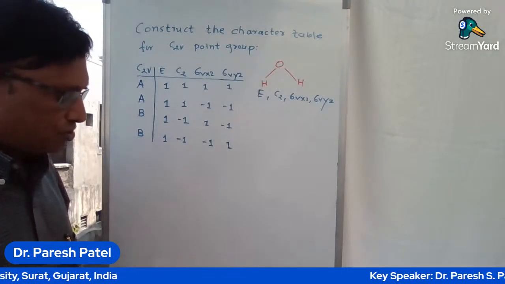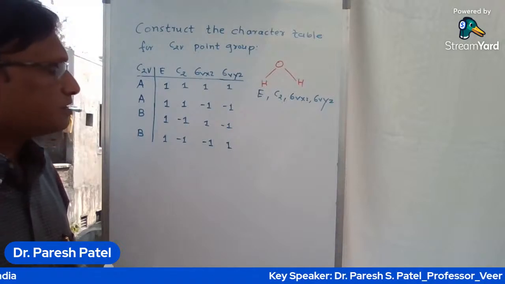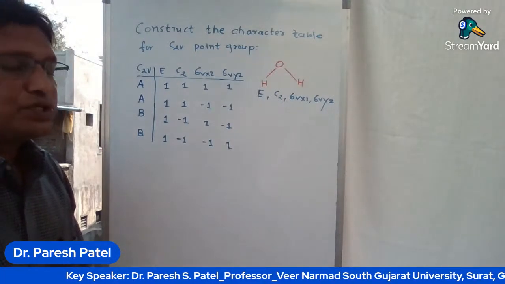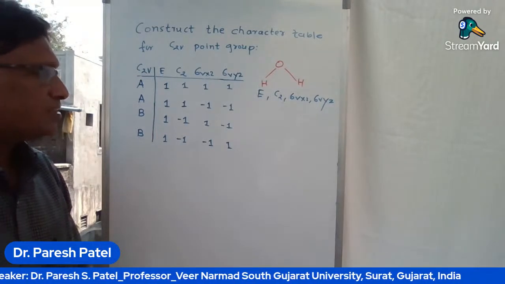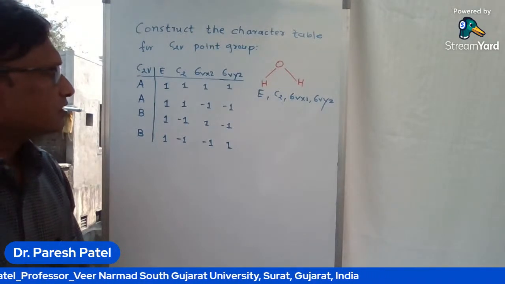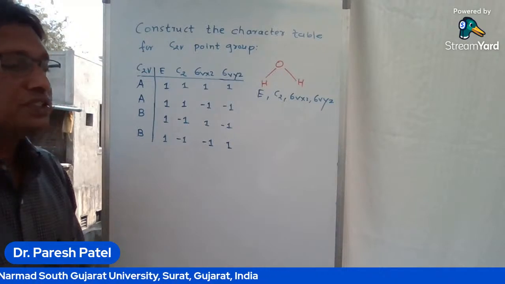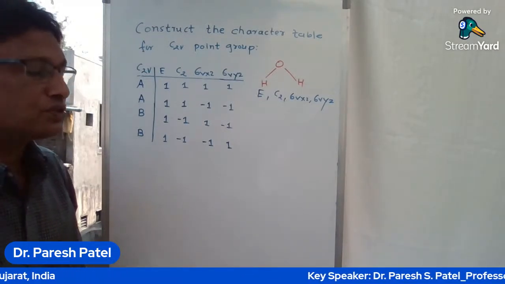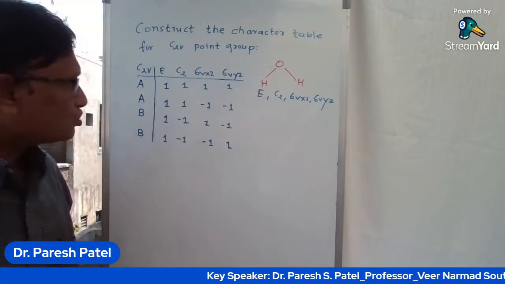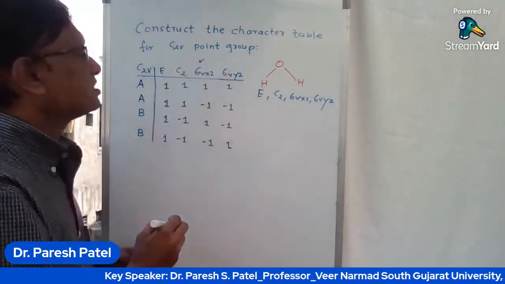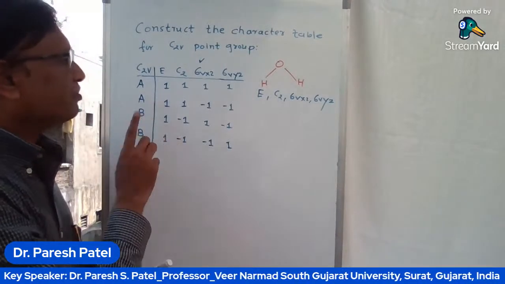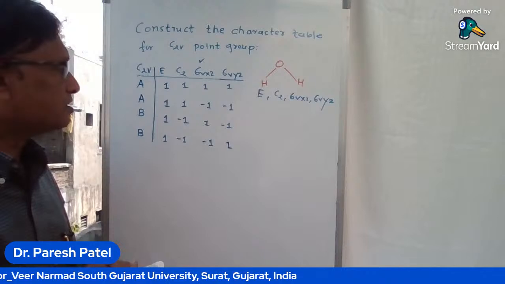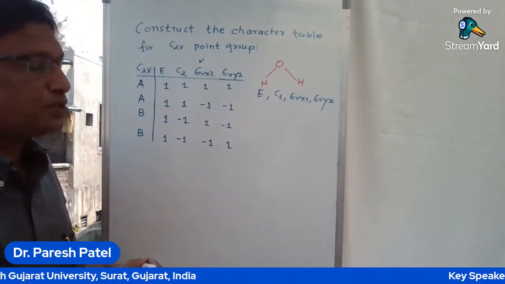Okay, so according to the rules, if C2 is present perpendicular to the main principal axis, and the character for that C2 is plus 1, then subscript 1 can be used, and if the character is minus 1, then subscript 2 can be used. But here only one C2 is there, so we have to go for the next one, that is sigma V. If the value for that character is plus 1, then subscript 1 can be used, and minus 1, then subscript 2 can be used.